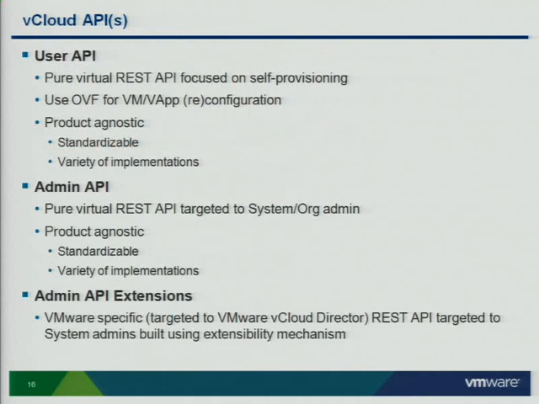Moving forward, when we talk about the vCloud API, we basically have three APIs in mind. The first two are the user API and the admin API. These are pure virtual APIs that are standardizable and product agnostic, and they can be implemented by anyone, on top of Xen or Hyper-V. These APIs do not expose any VMware-specific details.